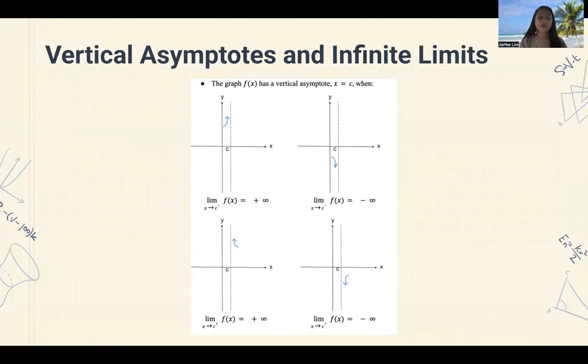When the x value is smaller than the vertical asymptote and it has a larger function value, it will be approaching the vertical asymptote from positive infinity. However, if the x value is larger than the vertical asymptote and the function value is negative, it will be approaching the vertical asymptote from negative infinity.